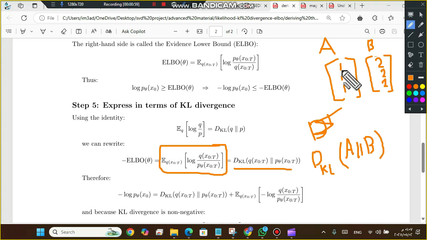So what's the first thing that you will intuitively do? You will say 1 minus 2, 1 minus 2, 1 minus 2, right? But instead of subtracting those two quantities, we will take the log for this difference.